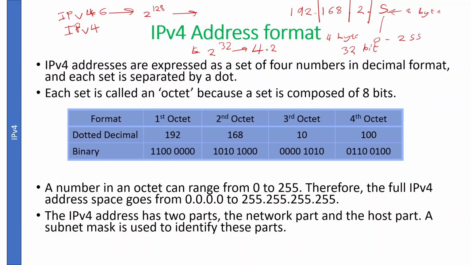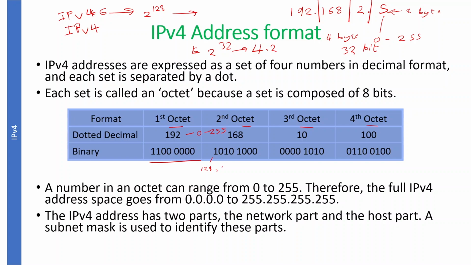When it comes to the IPv4 address again, we call each section an octet, right? You can see we have 4 octets, 1, 2, 3, 4. Each of these numbers is between 0 and 255, and you can represent this in binary format like this. In binary, the last one is what? 128.